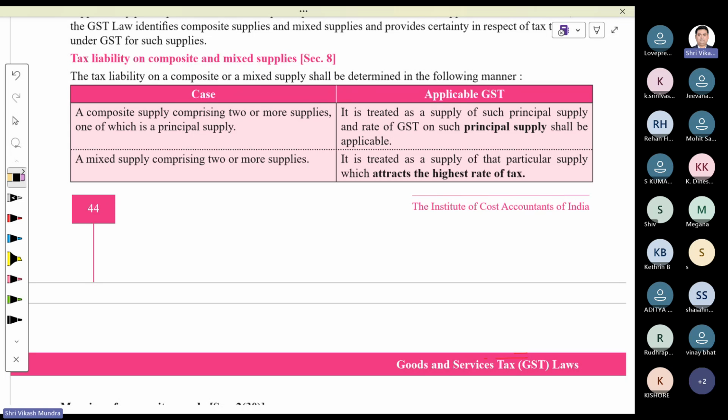On the other hand, if the bundle is classified as a mixed supply, the highest rate among the products involved in the bundle would be applicable on the entire value of the supply. Clear? Does anyone have any question till now?